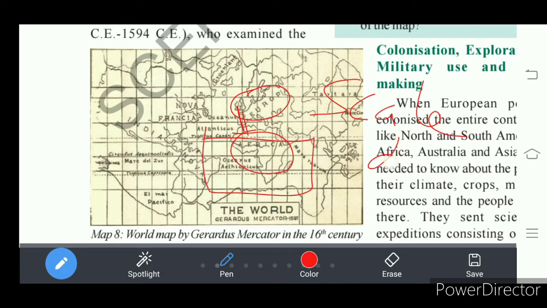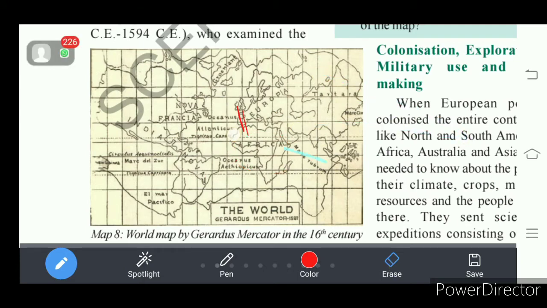Scale down. Okay, what is scale down? The actual distance between two continents, and the actual shape and size, are reduced, and that method we call the projection method.